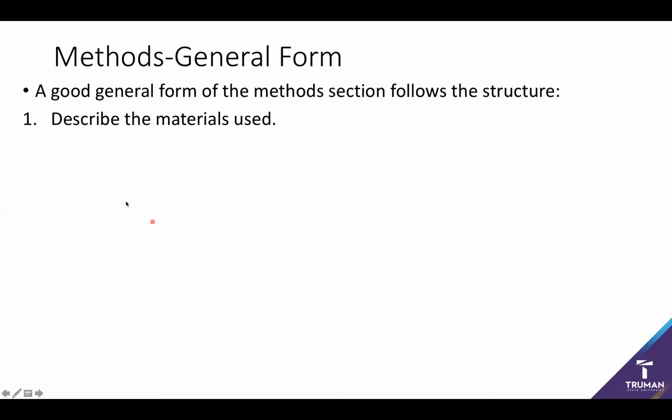You start off by describing exactly what materials were used. So think of this as the best recipes in a cookbook. Start off by telling the cook exactly what materials they need to gather before they start working. So it's more or less the same thing here.